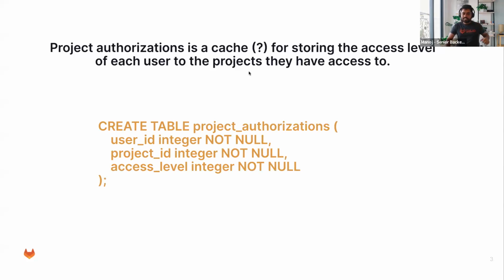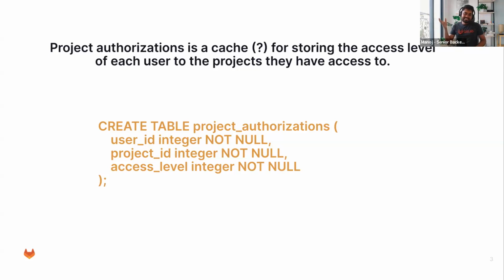I have put a question mark in front of cache because I don't know if we can really call this a cache. In cache systems, if the cache is missing, we call it a cache miss, and we are able to obtain the right value from making that calculation without the cache also. So if there's a cache miss, you go directly into the source and figure out the value.